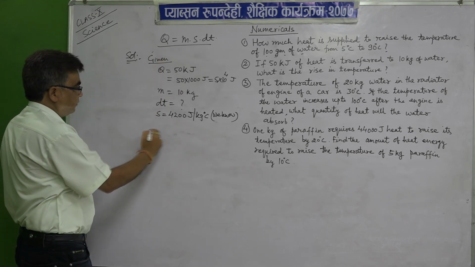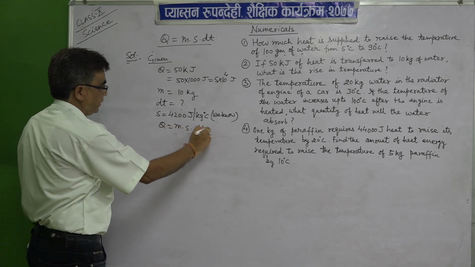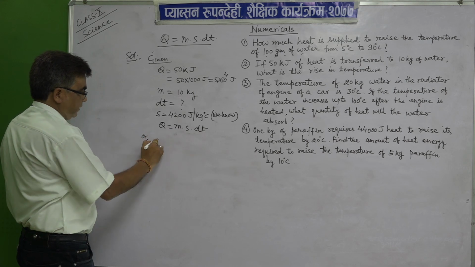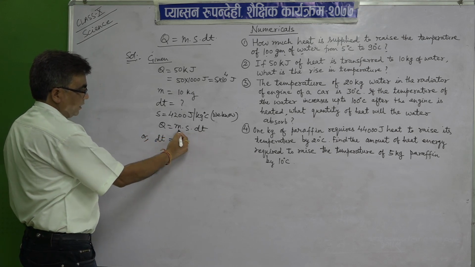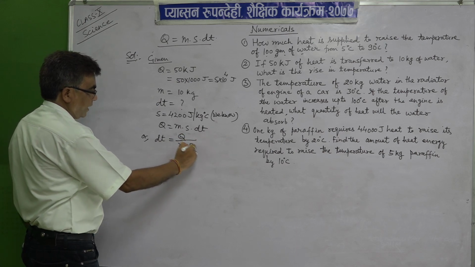From this formula we know that Q equals M into S into dt, or dt will be Q upon M into S, as M and S come to this side.